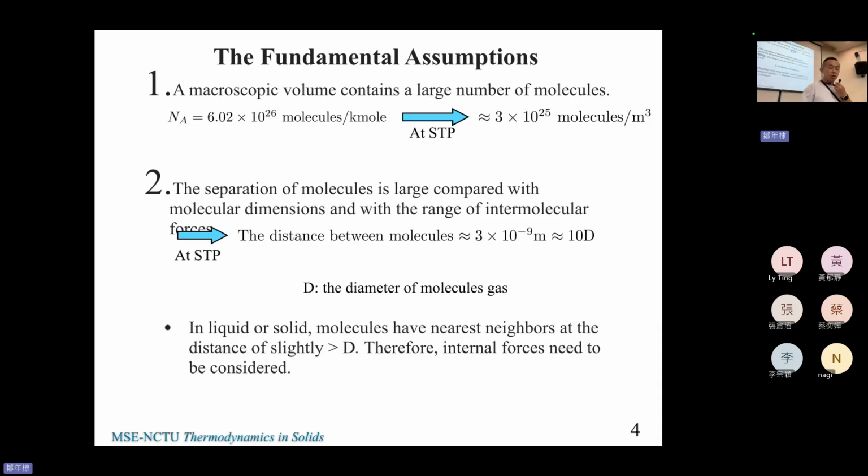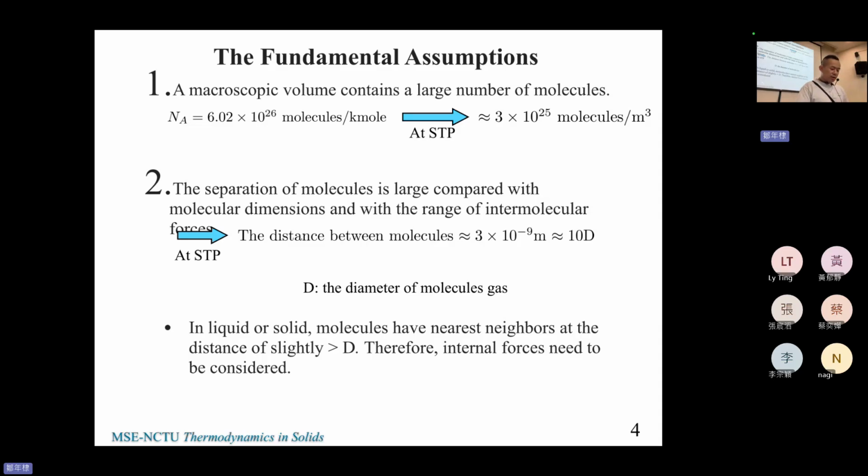All right, let's continue our lecture. Before we enter statistical thermodynamics, we need to learn the knowledge about kinetics. But before we learn about kinetics, we need to make some assumptions, otherwise it's too difficult to calculate by hand.